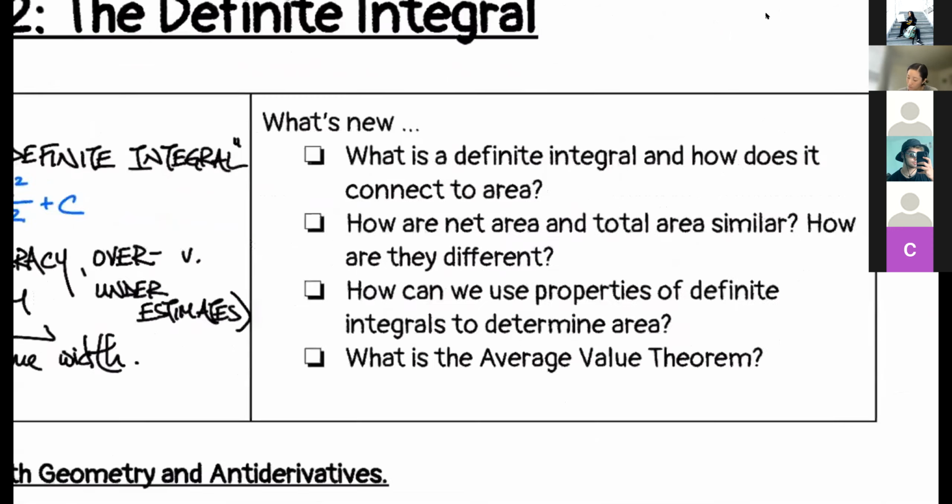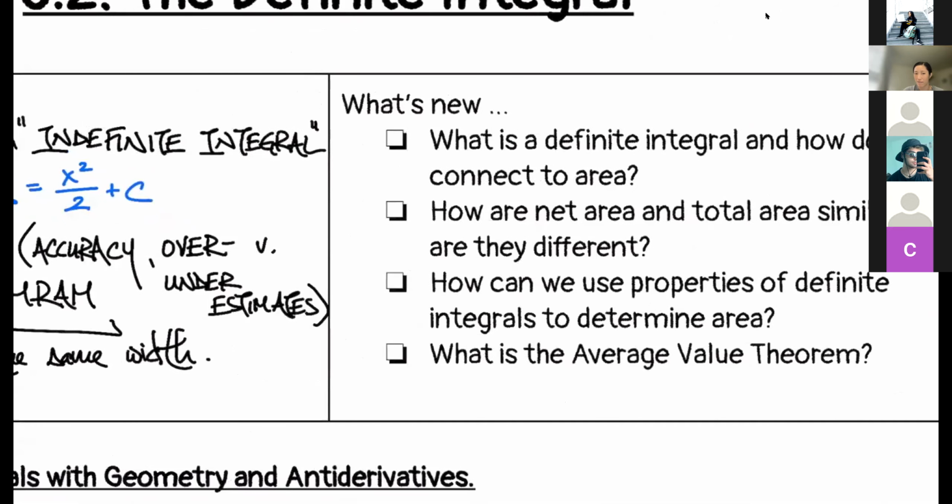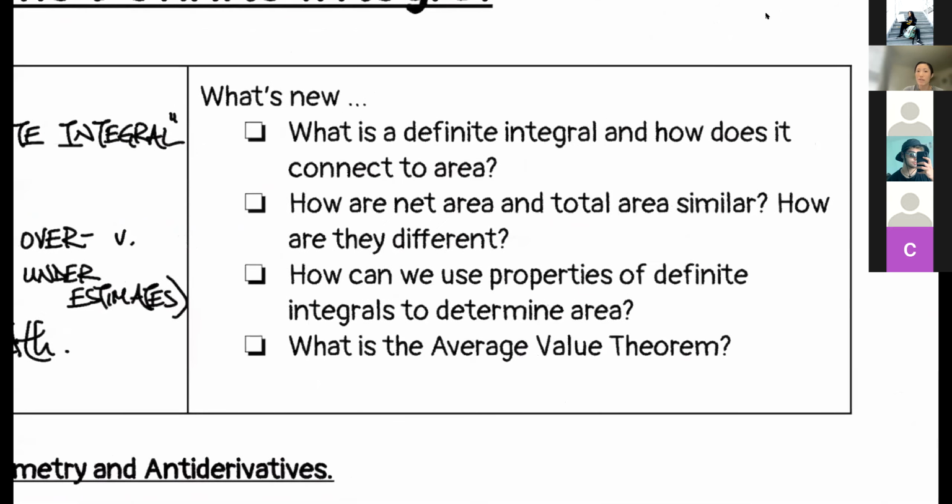And so what's new for today? Well, what's new for today is that we're going to take a look at something called a definite integral. Now that is only missing 2 letters from our indefinite integral, but we want to know what is a definite integral. Okay.